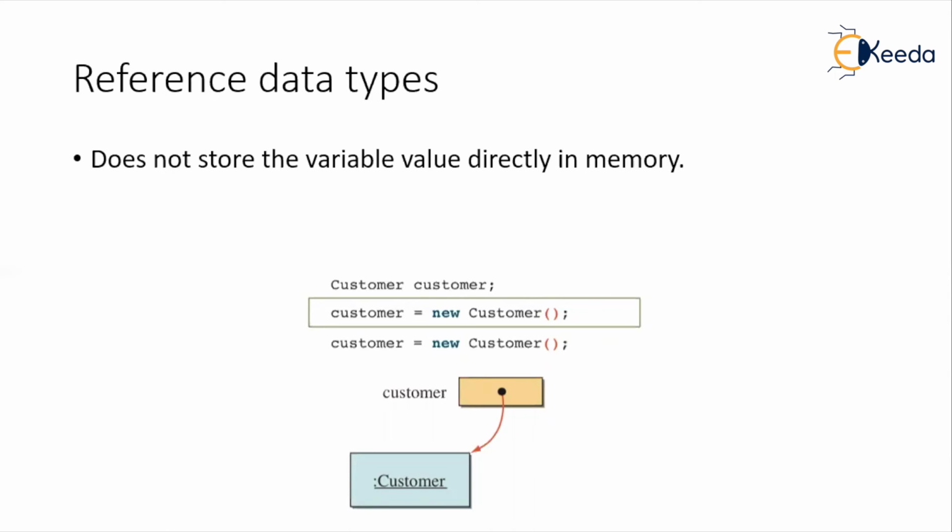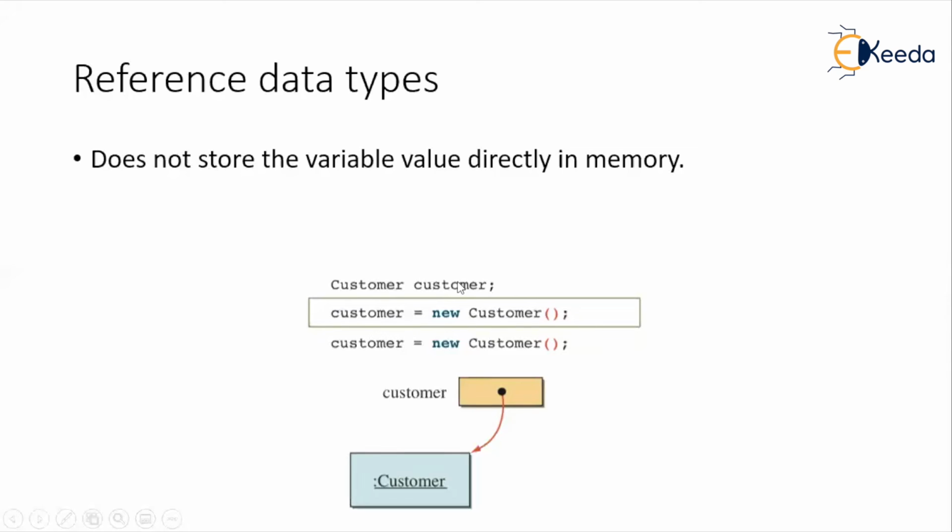That means I'm creating a variable customer with lowercase c of type Customer, where this is the name of the class and this is the name of the object which will be created. So far, as it is not initialized with the object, it is just a reference. And the default value of this customer reference is always null.